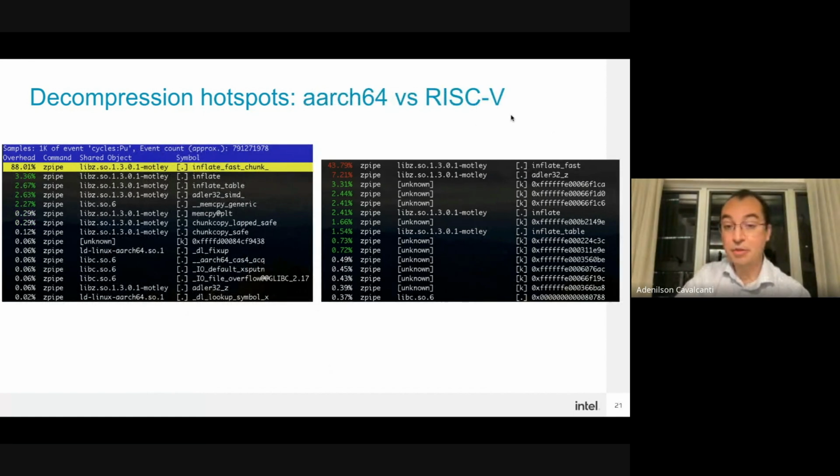But on RISC-V, we actually have lots of cycles being spent on kernel stuff, as well as some dependencies in other libraries. So I think there is lots of work to be done on optimizing RISC-V.